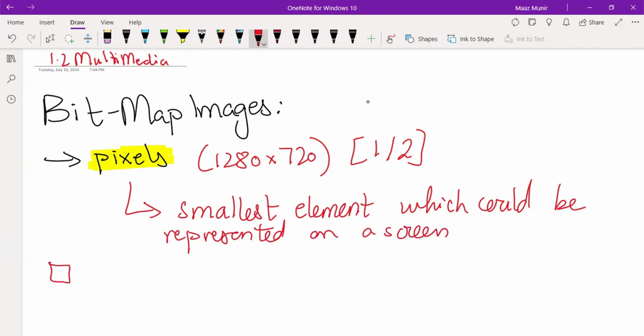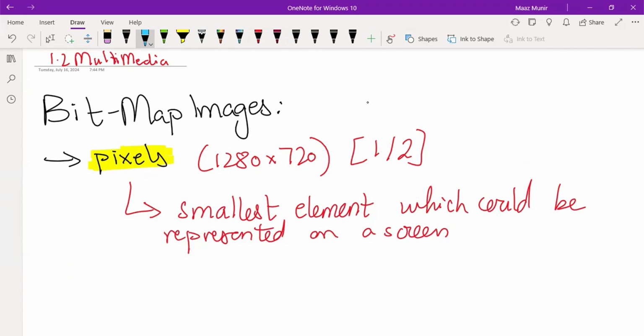Let's say if we have a box like this, a single pixel could represent red, and then there could be another pixel which represents the mixture of, let's say, this purple color, and then we have a blue one. And when we define all these pixels and later on check it, an image is being formed which has a lot of colors. Now, pixel is basically the smallest element which could be represented on a screen, and bitmap images are those images which are made up of pixels.